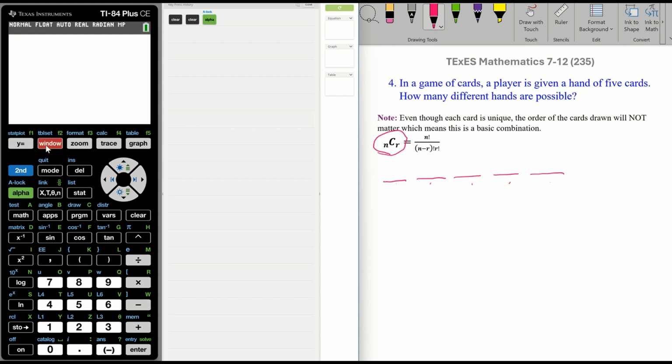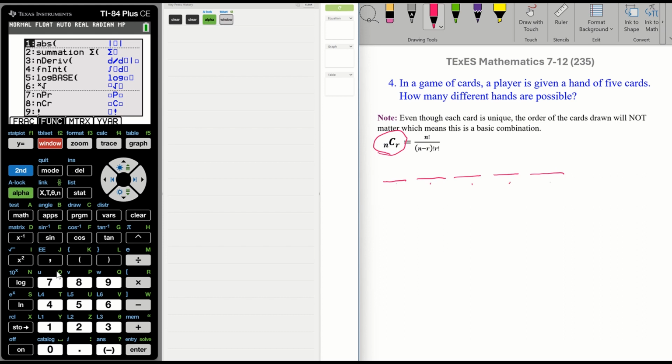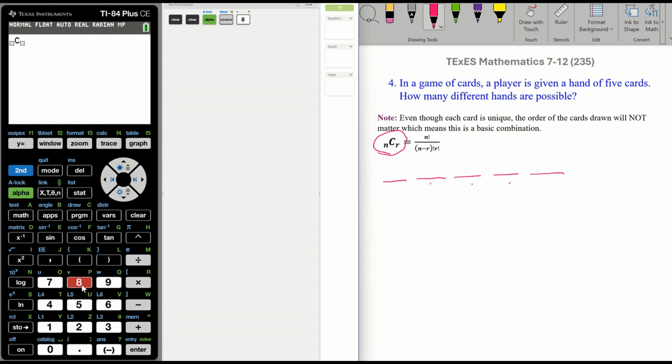So alpha, window, number 8, and right away we know that we need to put our total number of options. Well, that's 52 cards in our deck. Arrow over, we're only looking at 5 empty spaces, 5 possibilities of combinations, and that's the value that we need.